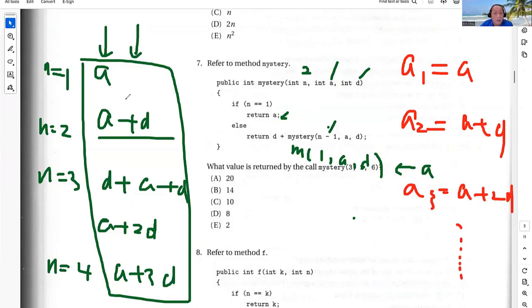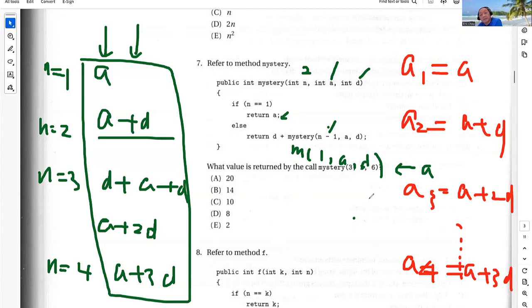Any one of you know what this is in math? Is it arithmetic? Arithmetic sequence or something? Yes, this is called an arithmetic sequence.